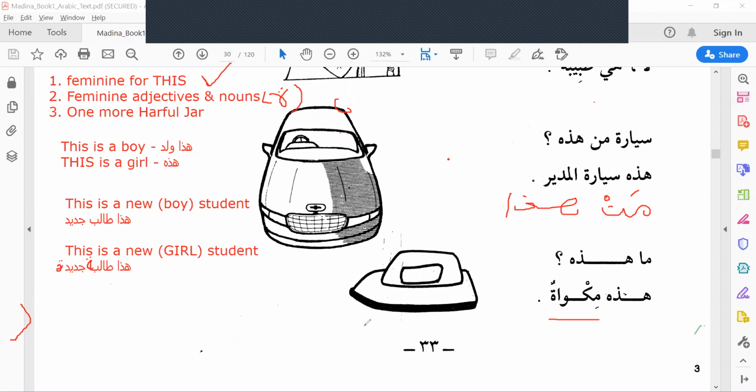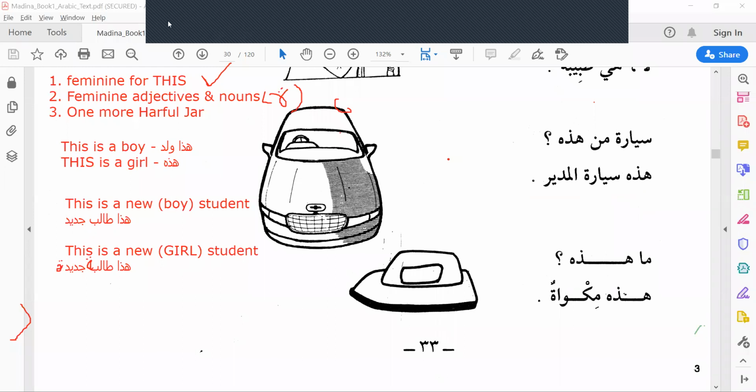Then man hadihi. If you know that she's a girl or a lady and still use man hada, then it is wrong. Ma hadihi. What is this? Hadihi mikwatun. This is an iron box.